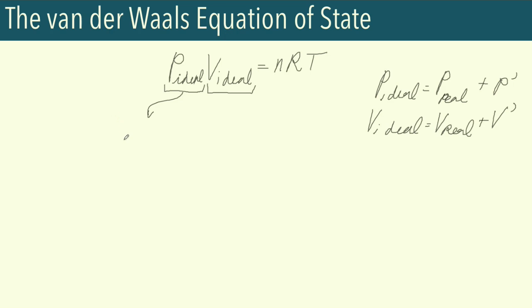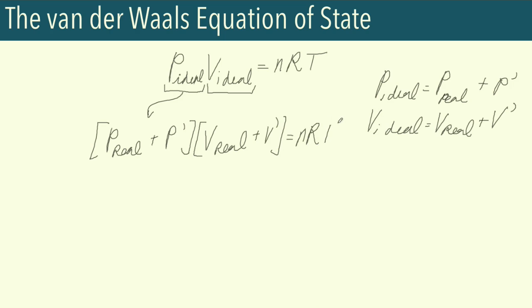So P ideal is going to be equal to the real observed pressure plus some corrective term, times the real volume plus some corrective term. This is going to be equal to nRT. So this is going to be our basis for the van der Waals equation of state. We just need to figure out what these corrective terms are going to be.